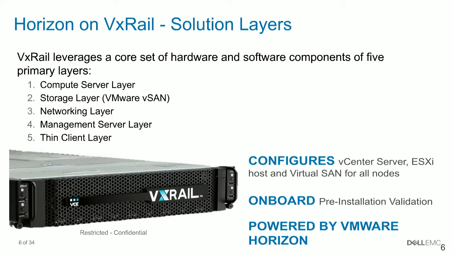So we're going to talk a little bit about solution layers. We have five solution layers mentioned here: the compute layer, the management layer, the storage layer, the network layer, and the thin client layer. So essentially VxRail is giving you your compute, your storage, and your management, all in one. Networking we've talked about, and we'll talk a little bit later on about the traditional spine-leaf configuration that's used and promoted within VxRail.